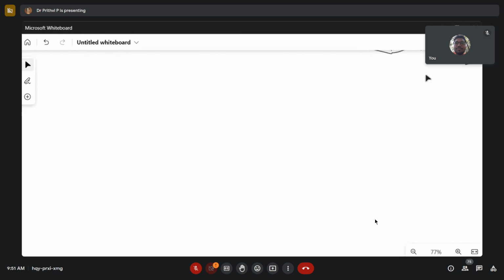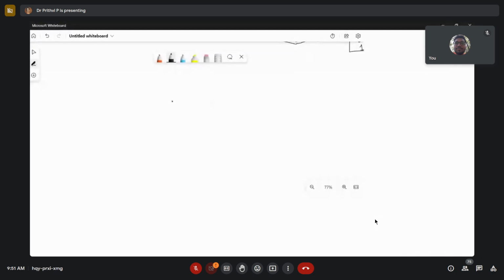So the other aspect of our floating point is division. What is the difference between multiplication and division? Take the sign bit first, deciding the sign bit. If both are positive and you divide, what will your result be? Positive only.